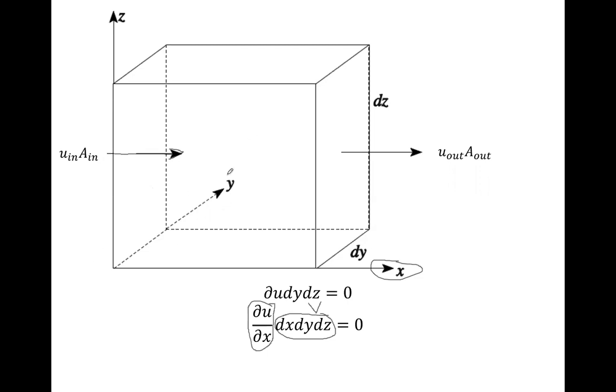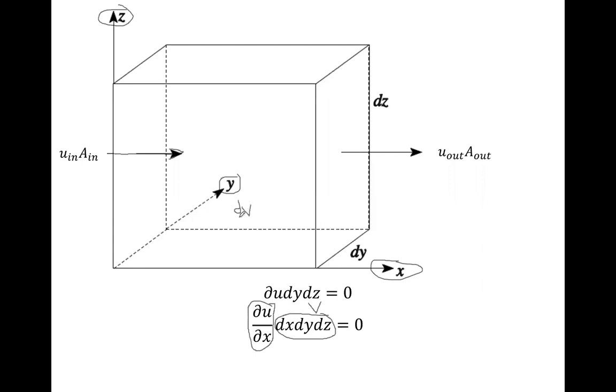And so for the total volume transport through our box, we also need to take into account the y direction and the z direction. And so I can extrapolate the fact that in the x direction, I got du/dx times dx dy dz.